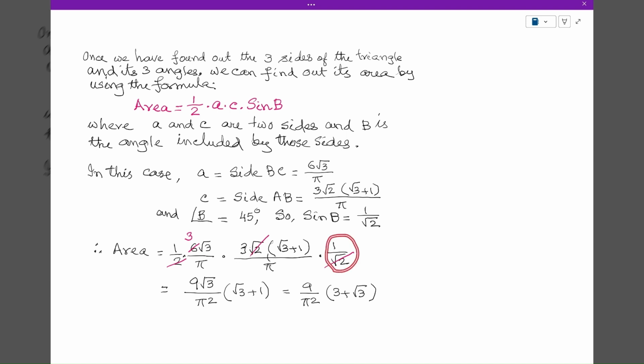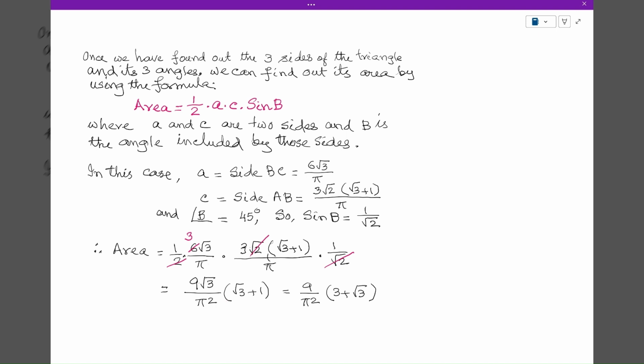Here, this root 2 will cancel out with root 2, then 2 will cancel with 6, giving 3. So in the numerator, we have 3 multiplied by 3 multiplied by root 3, which is 9 root 3, whole multiplied by root 3 plus 1. And in the denominator, we have pi multiplied by pi, which is pi squared.